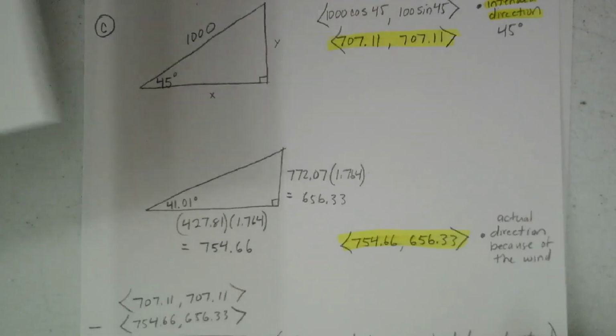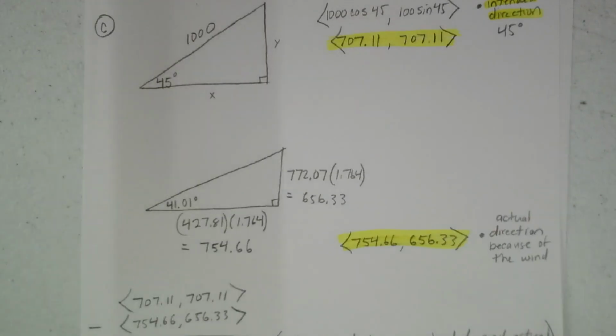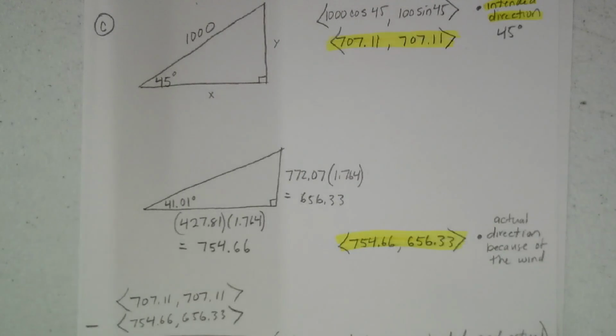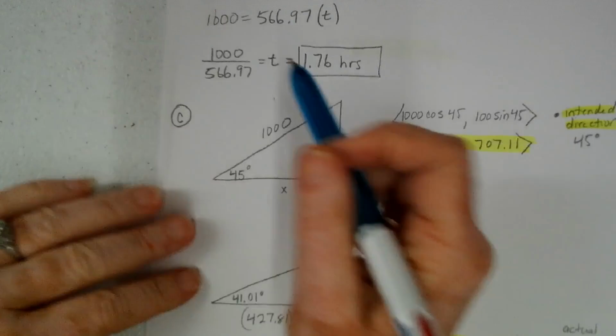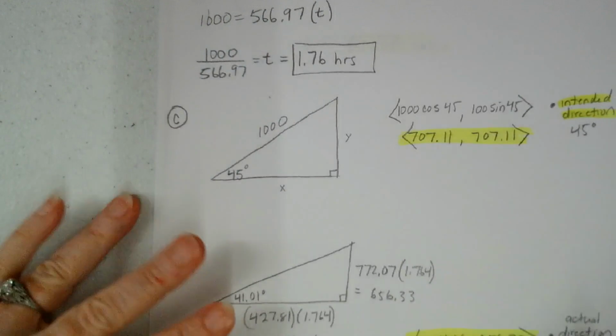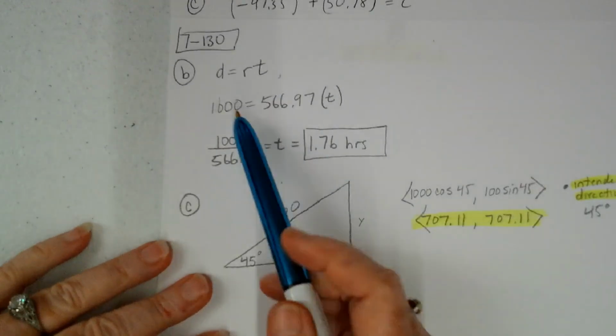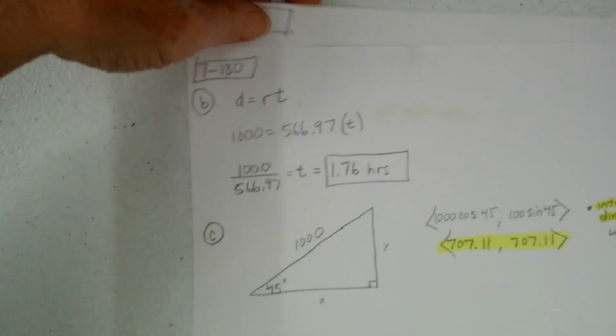Now, letter B says, how long will it take the plane to travel 1,000 miles in the resultant direction? Resultant, by the way, means the answer to an addition problem. So you know how distance equals rate times time.